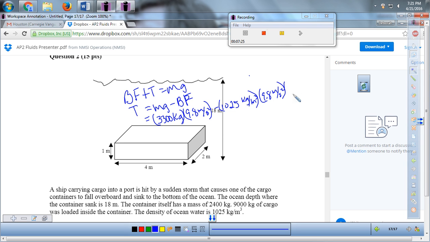And the volume of the container is 2 by 4 by 1, so that's 8 cubic meters. So when I did that, I got my tension to be 31,000 newtons. Oops, so that wasn't any big deal. Oh, now my pen's acting all crazy because it's running out of juice. Alright, and let me pause.